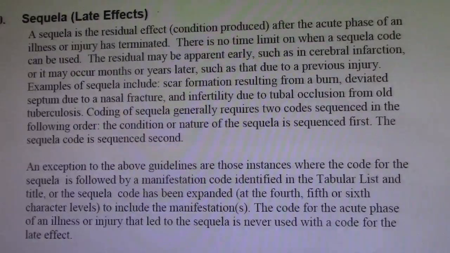All right, Codemaster Coach, put it in your terms. Okay, so what we're saying here is you have a sequela, you have a condition today that is the result of a previous condition.